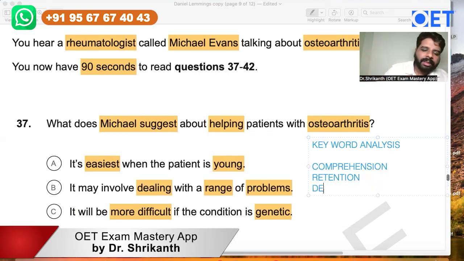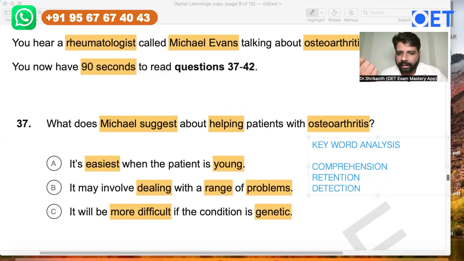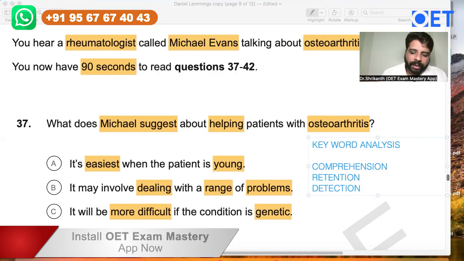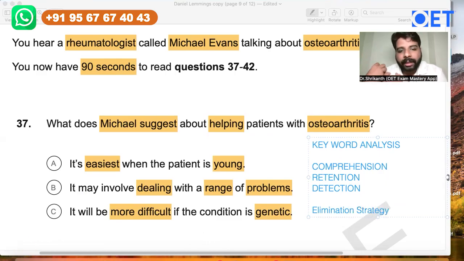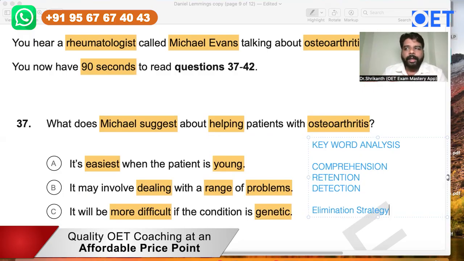And then the third step is what we call detection. Now it is your duty to detect what the correct answer is, right? And in most cases, detection can be done with the elimination strategy. Elimination strategy means what? Instead of choosing the correct answer, you try to eliminate the incorrect answer options one by one.